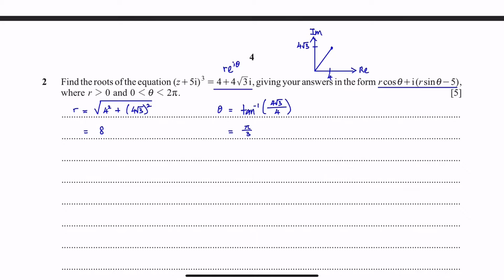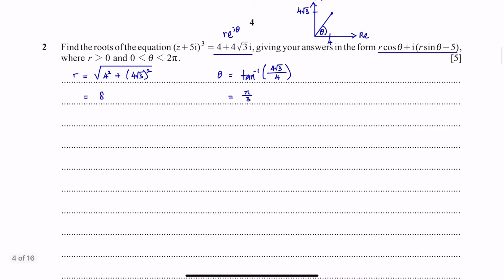This will be 4 plus 4 root 3 i. So you can see that the angle here is pi over 3 instead of 2 pi over 3, 4 pi over 3, or 5 pi over 3. So yes, this will be our theta.